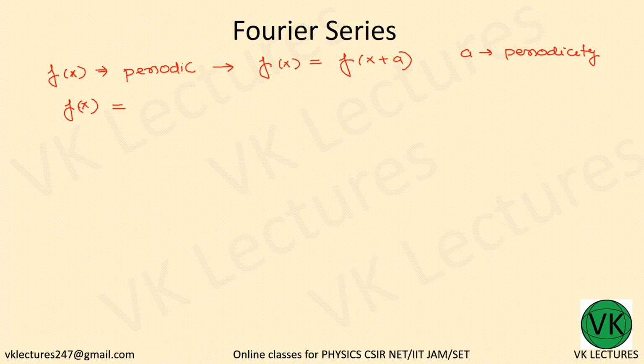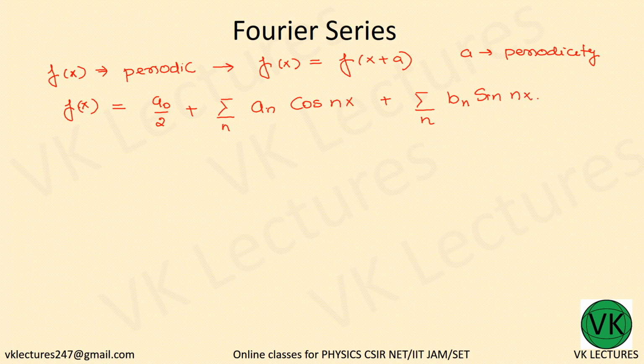So f of x is equal to a naught by 2 plus sum over n an cos nx plus sum over n bn sin nx.